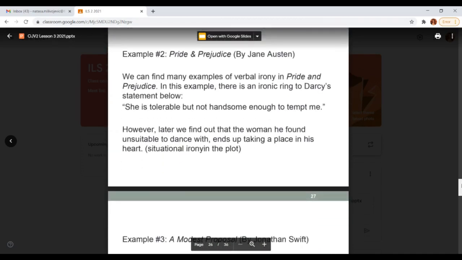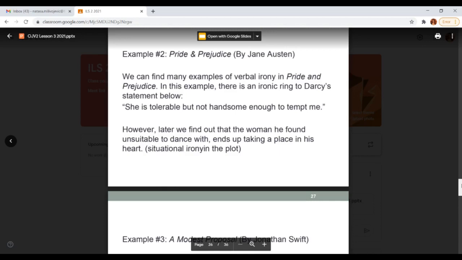Also in Pride and Prejudice by Jane Austen, it really abounds in examples of irony, like the whole novel. So we can find many examples of verbal irony in Pride and Prejudice, and there is just one also given here. So there is an ironic ring to Darcy's statement, "She is tolerable but not handsome enough to tempt me."